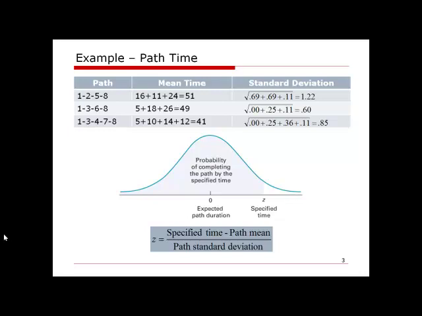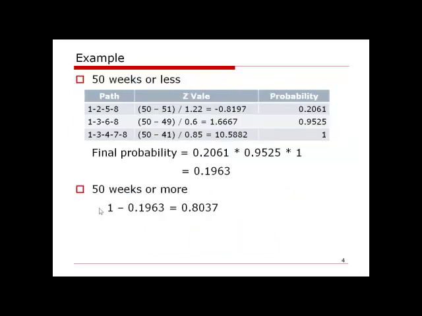We just look at the plot at the bottom, which shows the relationship between the z-value, the specified time, path mean, path standard deviation, and how it is mapped in the normal distribution. The shaded area is the probability of completing the path by the specified time. Given this information, we can do the calculation. First, calculate the probability to finish each path within 50 weeks. Path 1 is normally distributed with a mean of 51 and a standard deviation of 1.22.